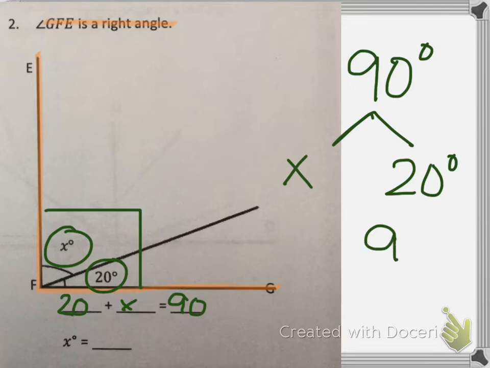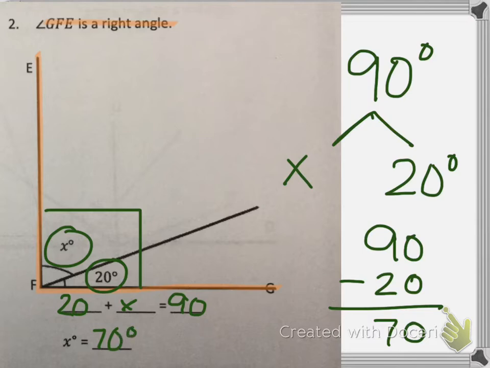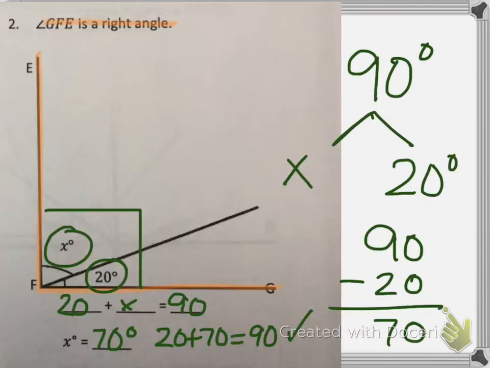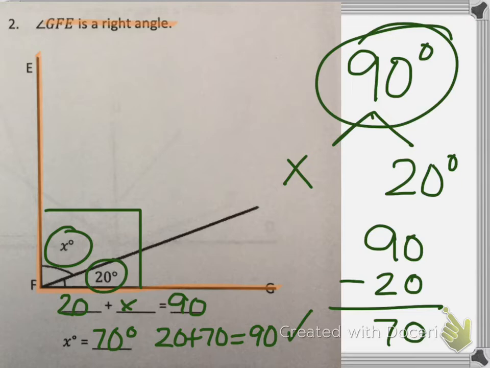Well, to find that out, I can take my total, subtract my part. I can see that X equals 70 degrees. And I can check. 20 plus 70 equals 90. Yep, check. So for number 2 and number 1, I used the benchmark of 90 degrees to find the unknown part of a right angle.